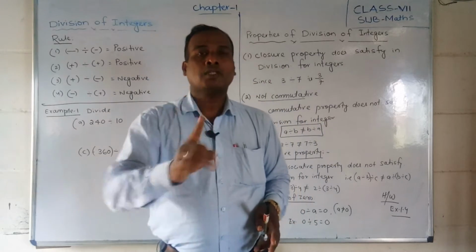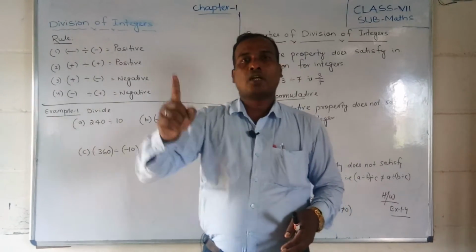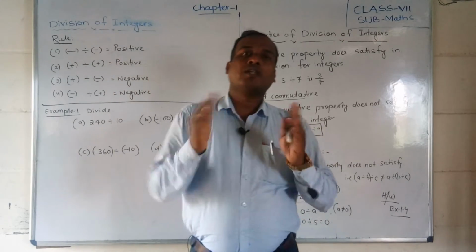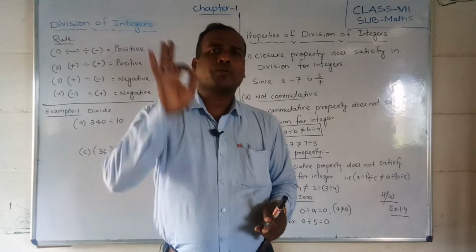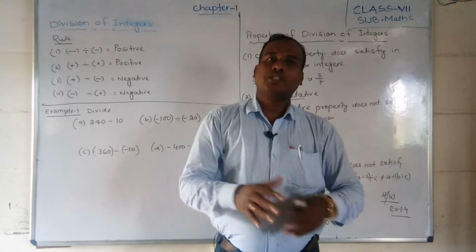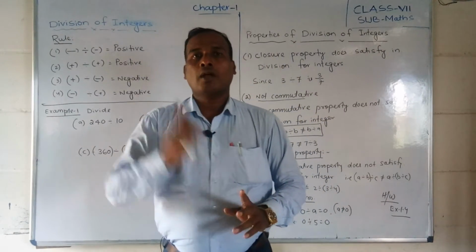Do you remember, students? Whenever we divide numbers with the same sign, the result or quotient is positive. When we divide numbers with different signs, the result or quotient is negative. If you remember that, then divide as usual like whole numbers, and always pay attention to the sign.